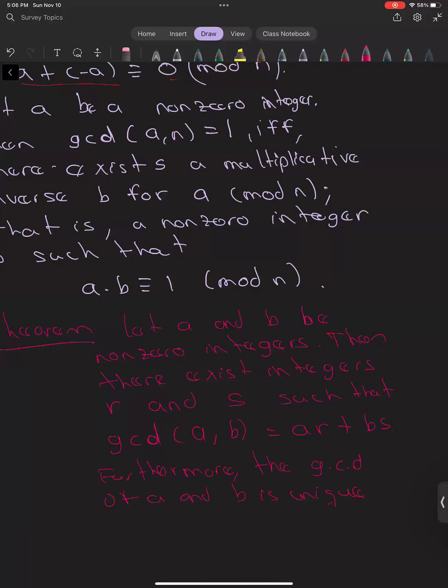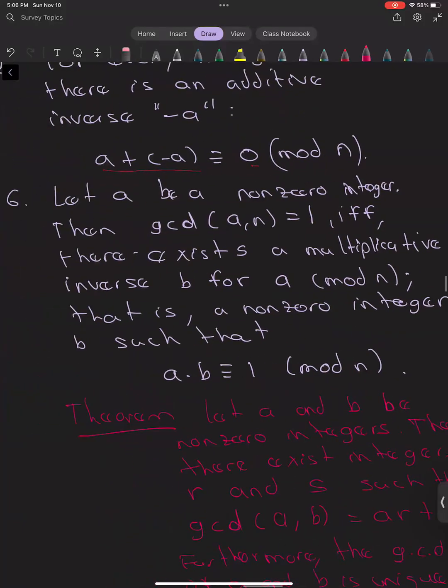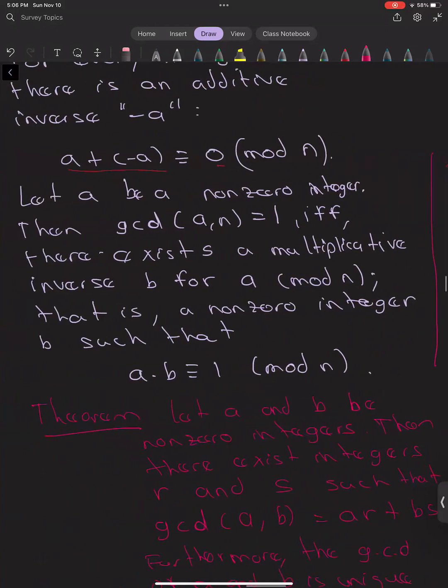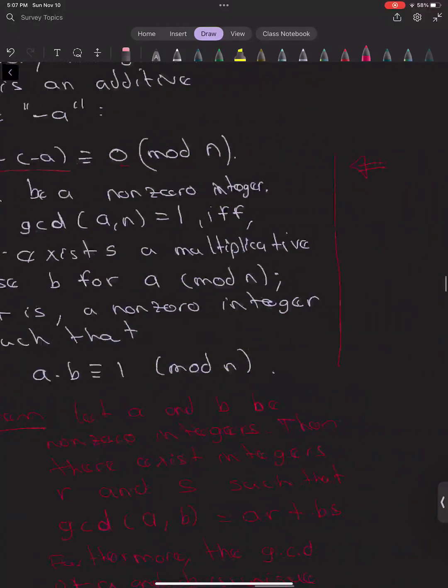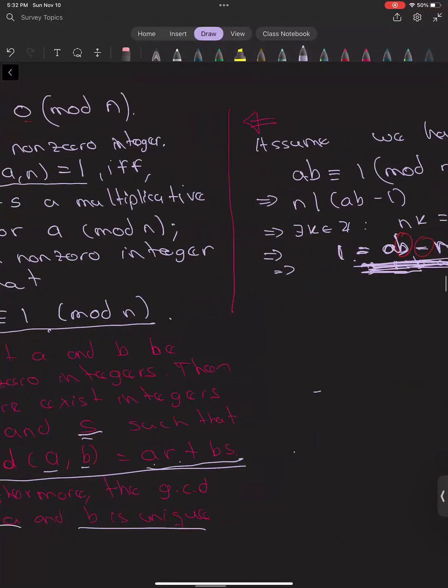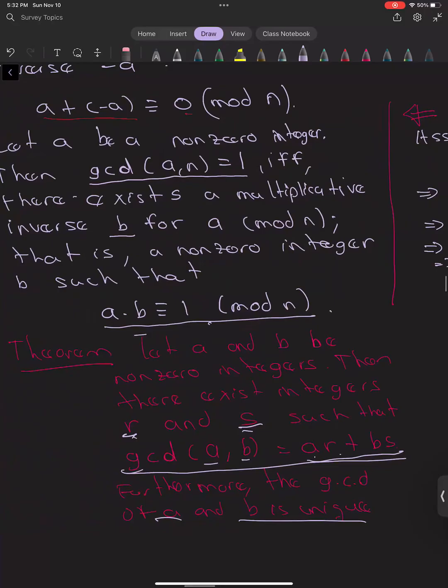So let's do the easiest ones. That is this direction. It's saying there exists a multiplicative inverse B for A mod N. So we're going to prove that if A times B is congruent to 1 mod N, then the greatest common divisor of A and N equals 1.